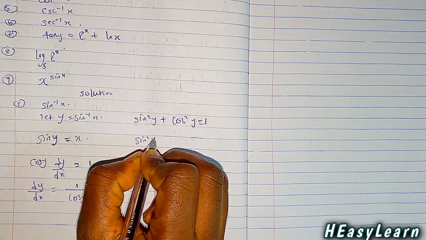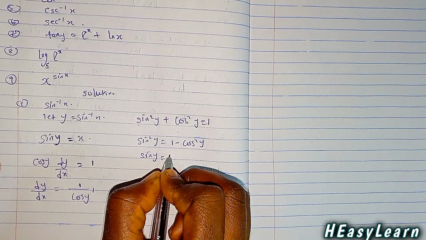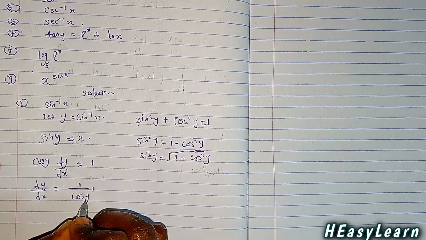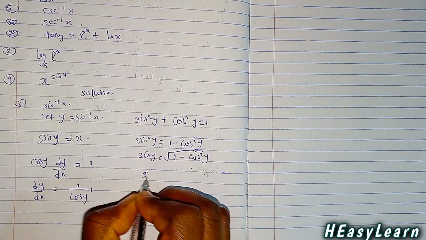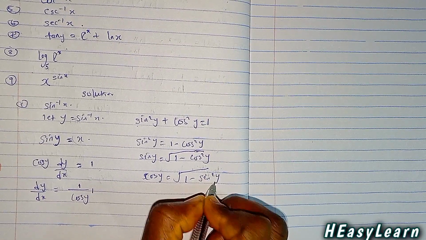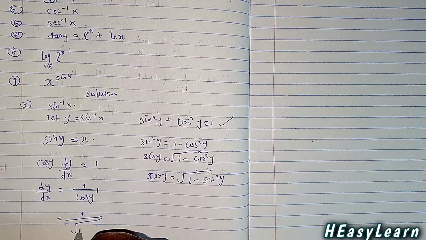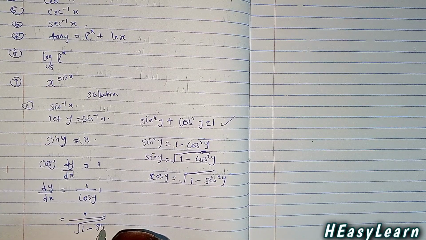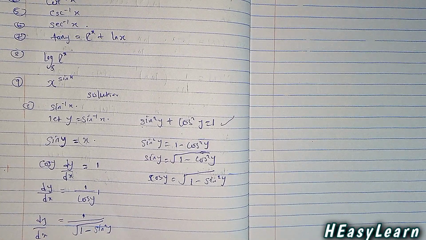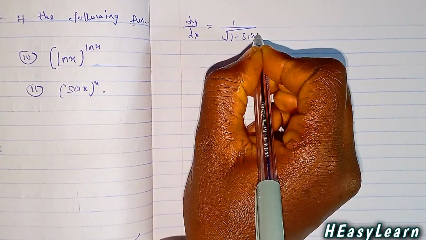So cos squared y equals 1 minus sine squared y, and cos y equals the square root of 1 minus sine squared y. So replace cos y with the square root of 1 minus sine squared y. So dy/dx equals 1 over the square root of 1 minus sine squared y.